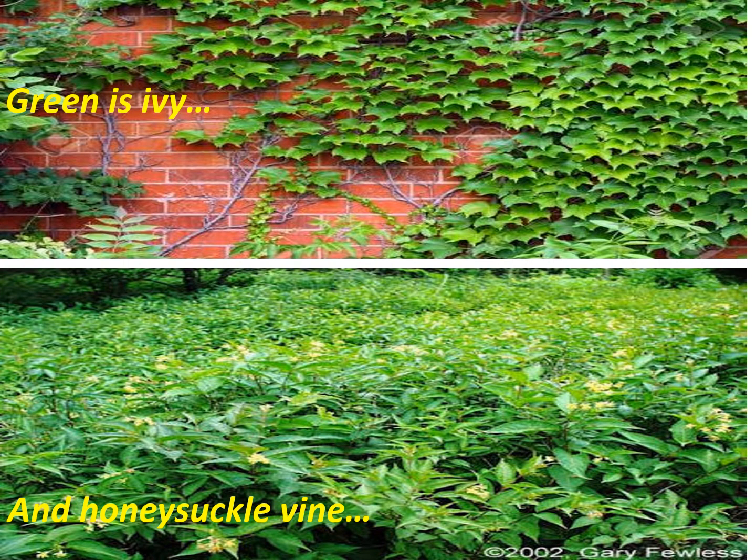Green is ivy and honeysuckle vine. Ivy. It's an evergreen plant that climbs by its roots on the walls. Yes, we plant it in our lawns to adorn our houses.